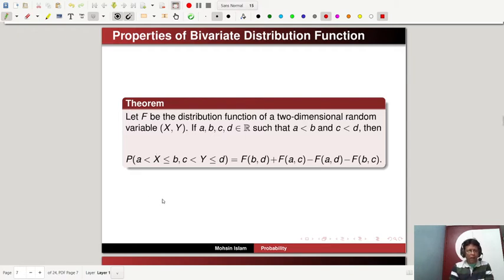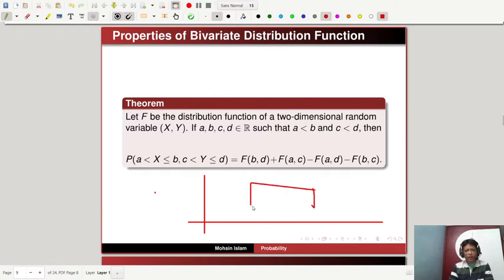But I will give you the diagram for that. What does it represent? The region will look like this. It is a rectangle, it represents the rectangular region. Let me draw the rectangle. This is a rectangular region.